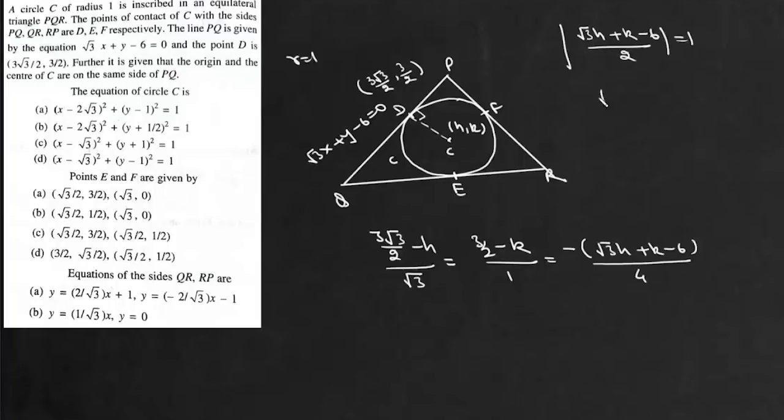Now we know that root 3h plus k minus 6 is equal to plus or minus 2. So then this value will be plus or minus 1 by 2. Now if we take this plus sign, then we'll get 3 root 3 by 2 minus h is equal to root 3 by 2. Then the value of h will be root 3.